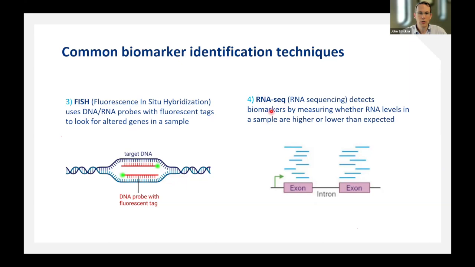Another tool that we're using more lately is RNA sequencing, and that looks at what's called RNA expression. So we're literally looking for the presence of exons. This one we don't use very much, so I will not focus on that one.